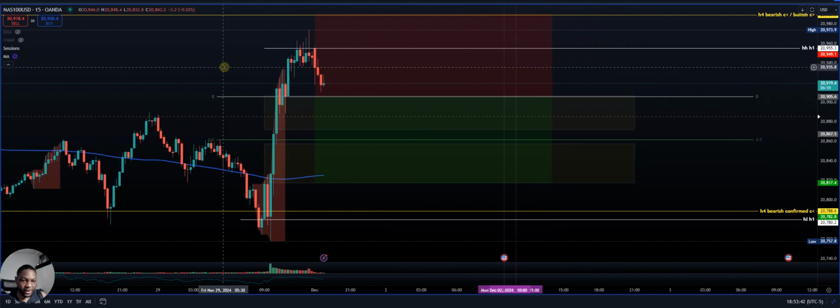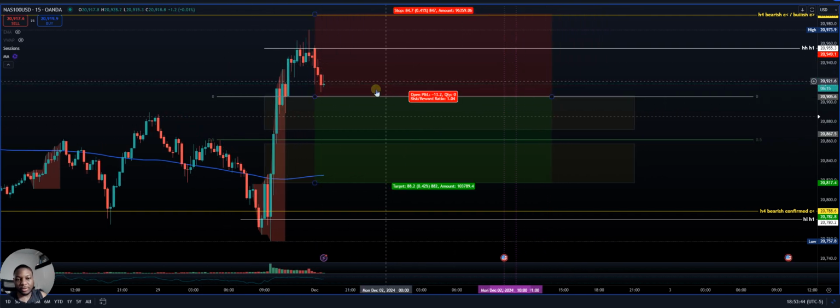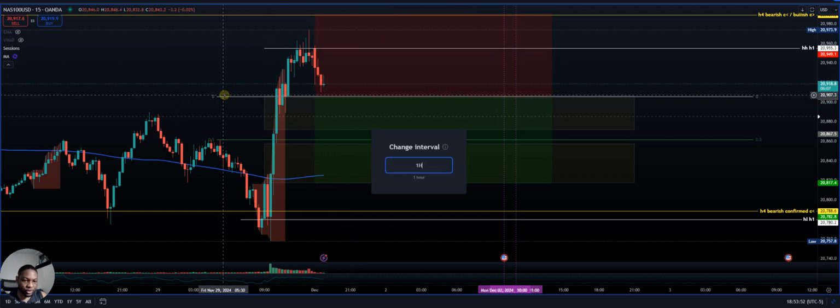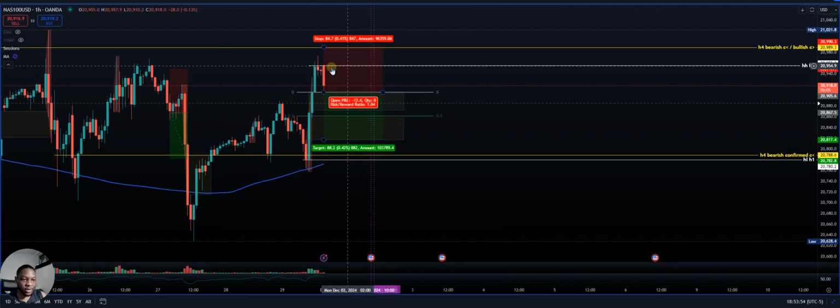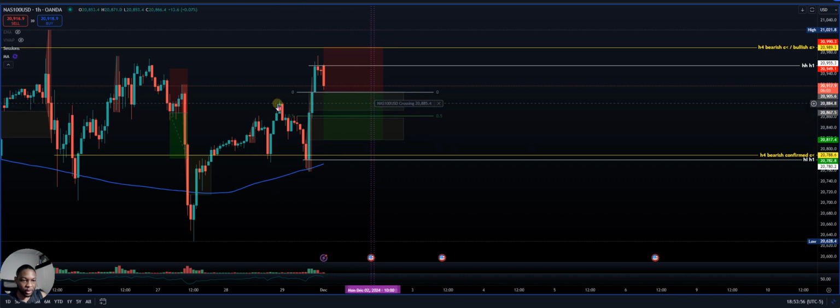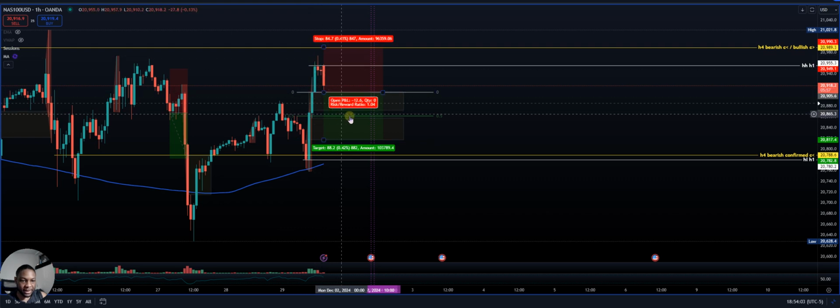But I don't like trading during the London session. So because I don't trade the London session, I'm not going to take a sell position, right? Because the overall trend, if we go back to the H1, is actually bullish, right? So lower high, higher low.